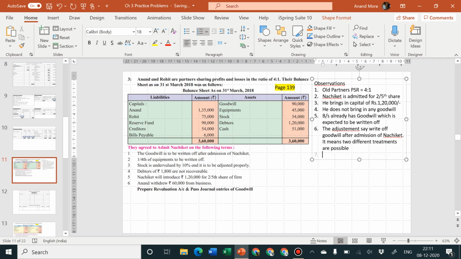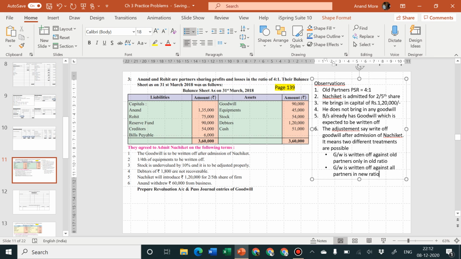What are the two different treatments? Goodwill is written off against old partners only in old ratio, or second one, goodwill is written off against all partners, that is after admission of Nachiket, in new ratio.